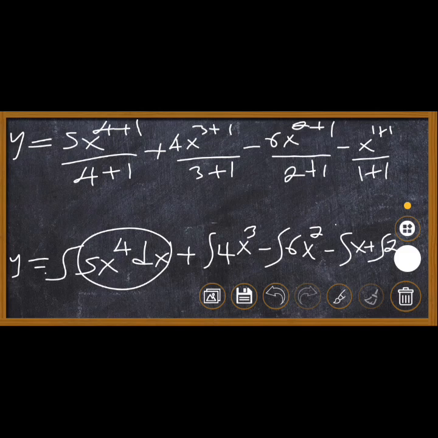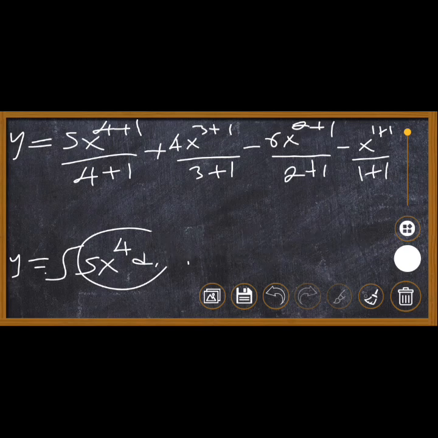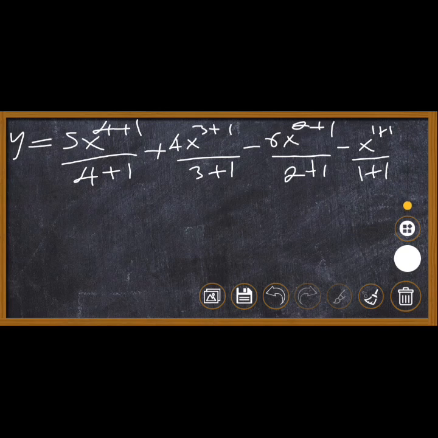Now, here we have the constant number. We know that by the power rule, any variable raised to power 0 is 1. So if we have the integral of 2, do you agree that this is the same as 2x^0? Because x^0 is 1.